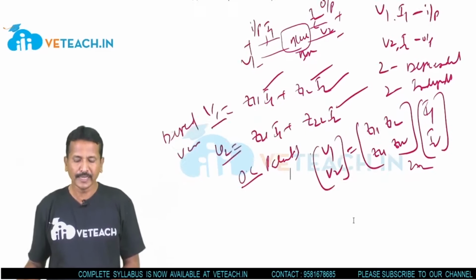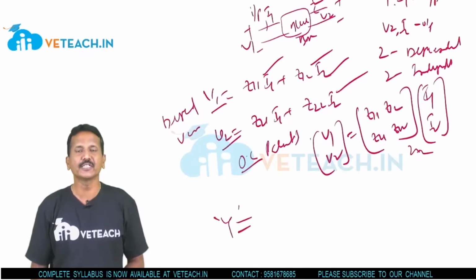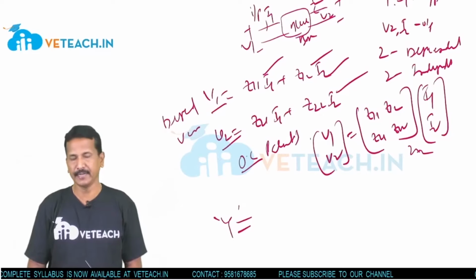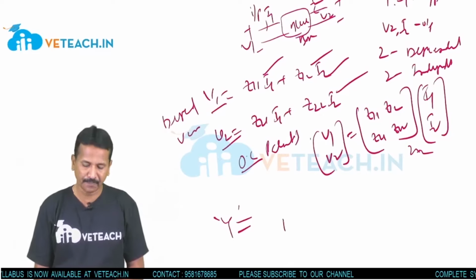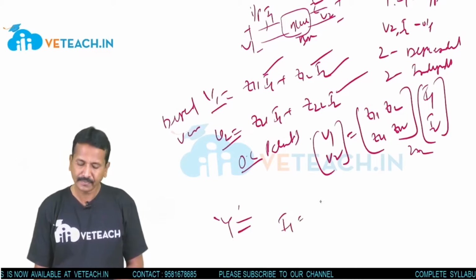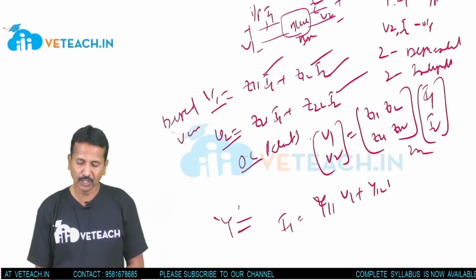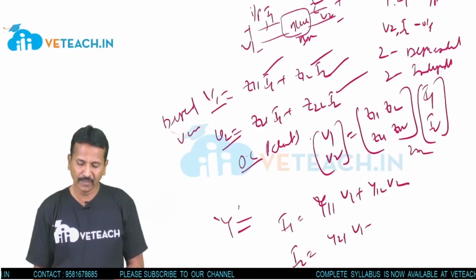Now coming to the Y parameters. Y parameters, the other name is admittance parameters. So in admittance parameters, we will find the current. I1 is equal to Y11 V1 plus Y12 V2. I2 is equal to Y21 V1 plus Y22 V2.